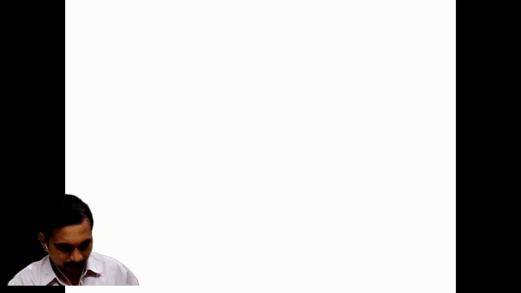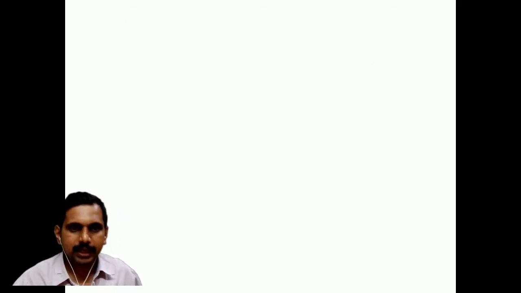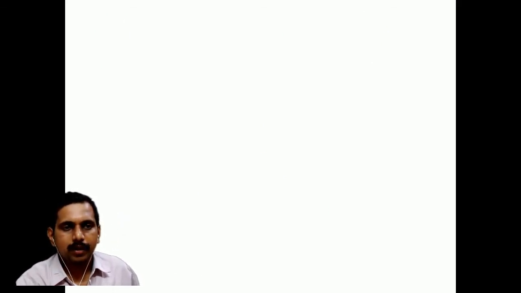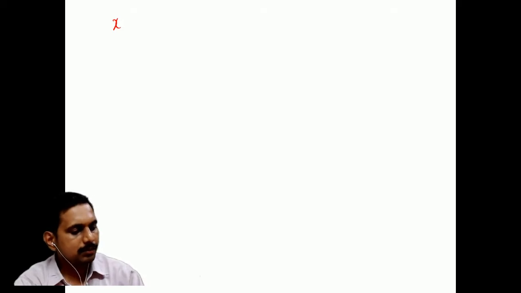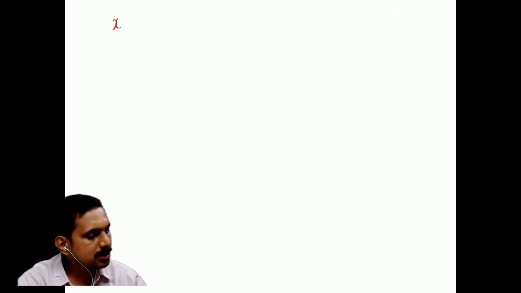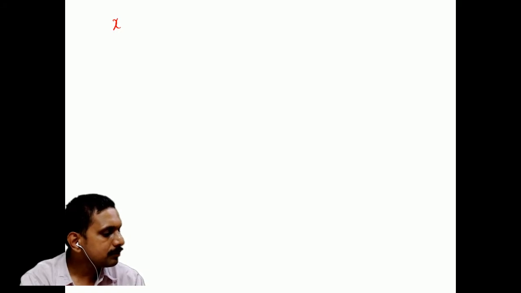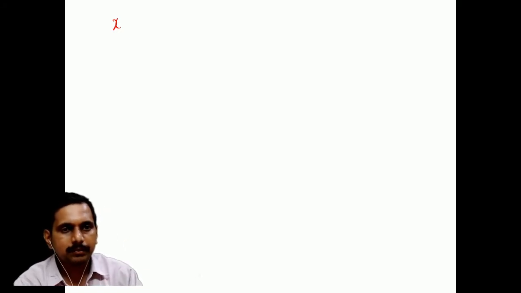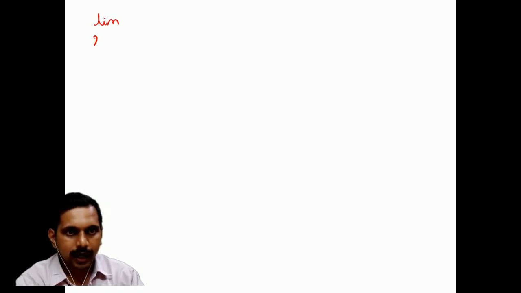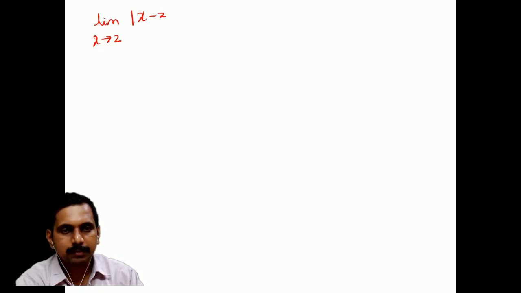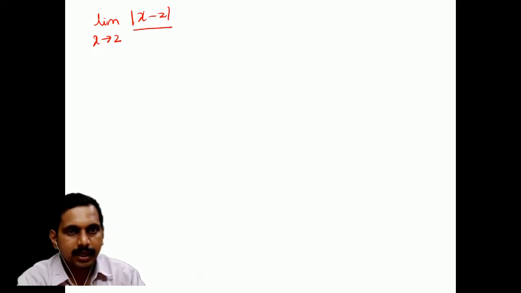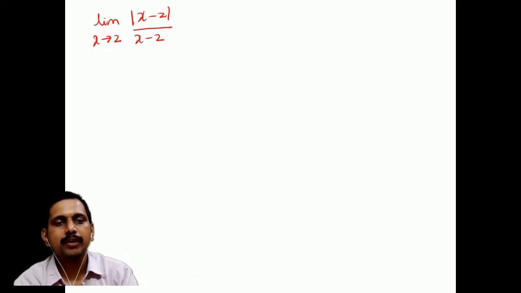Next. Now, there are some possibilities. Let me see what I have got. I'll say limit x tending to 2 of magnitude of x minus 2 divided by x minus 2, if I have to define this.